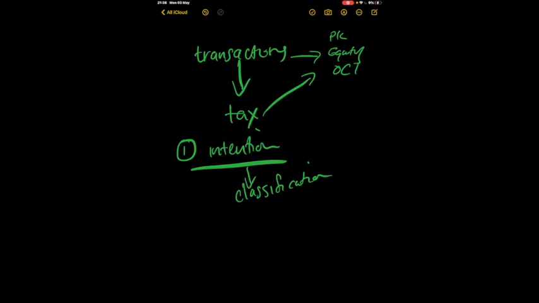So let's say we have land, and the intention of holding that land is for capital appreciation, for example, then that land would be investment property.